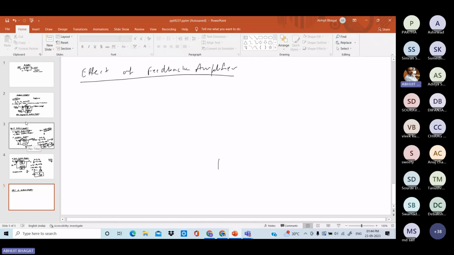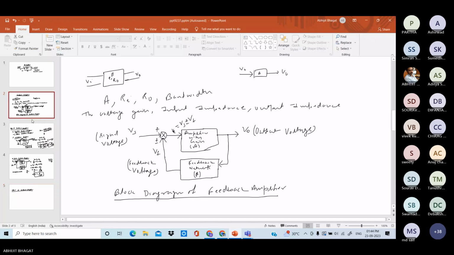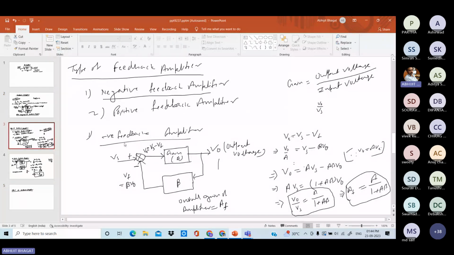Here you can see in case of negative feedback amplifier, your Vi equal to Vs minus Vf. Means if you are not using the feedback, in that case your Vs is going to the amplifier, and your output equal to A into Vs. But when you use the negative feedback, your input going to the amplifier is Vs minus Vf.